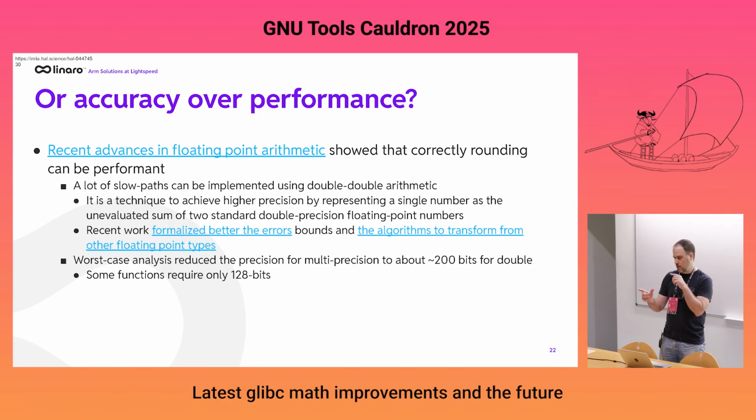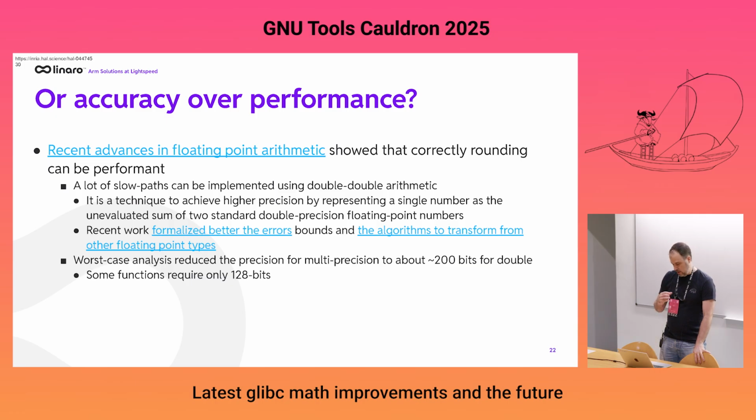So if you're doing multiplications, you know what kind of error to expect, and with the defined error, you can tune how you're going to implement this on the slow path. So sometimes you do not need a multi-precision library to do the slow path. You can do it using double-double, and there are other techniques to achieve high precision as well.